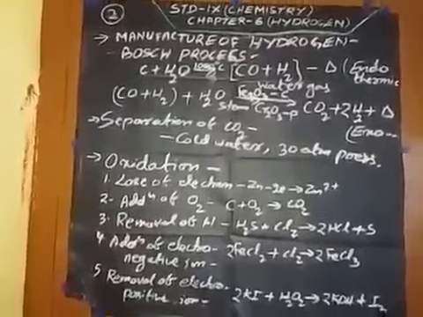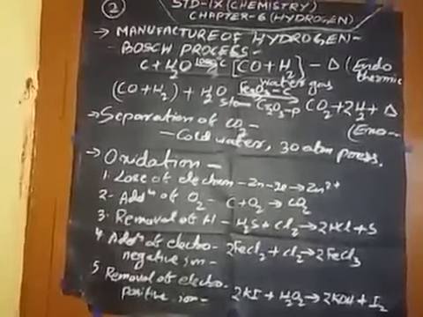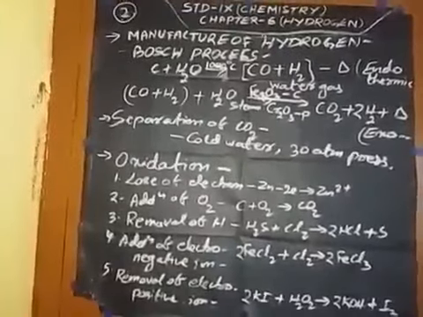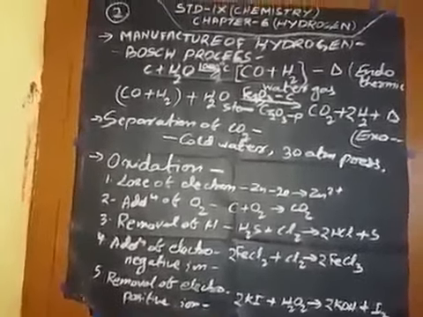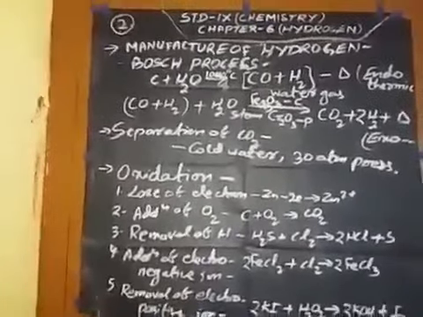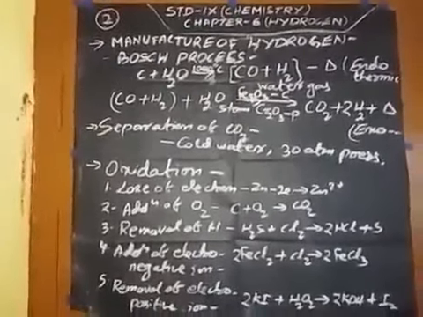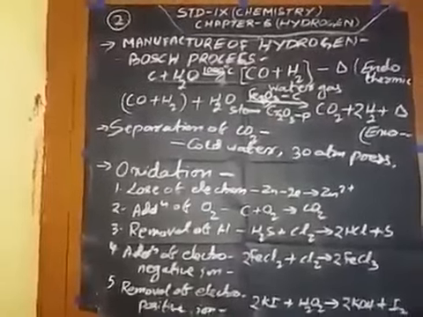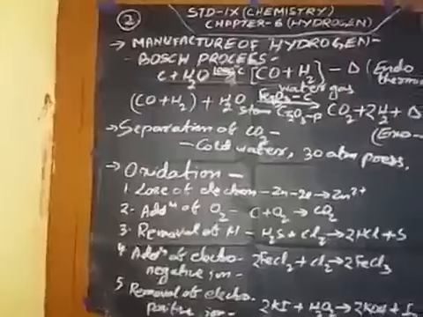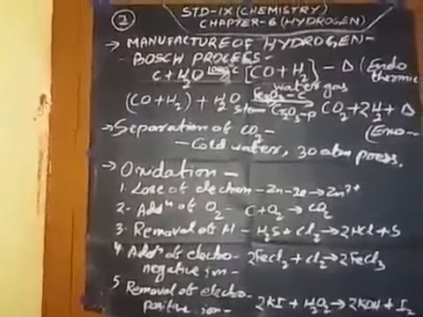Then in these reactions, which are the oxidizing agents? What is the meaning of oxidizing agent? An oxidizing agent is one that oxidizes other substance either by accepting electrons or by providing oxygen or an electronegative ion or by removing hydrogen or an electropositive ion.